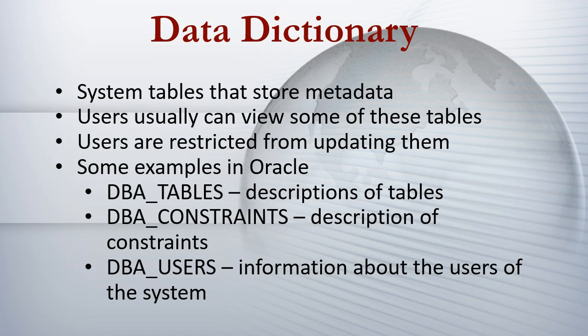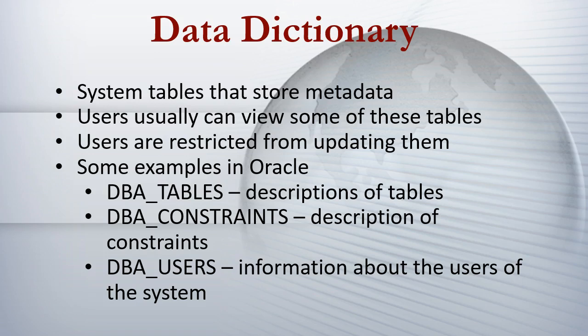And finally, we have a data dictionary. The data dictionary is very, very important to DBAs, and if you start moving in that direction, you'll become very familiar with that data dictionary and some of the tables that are available in it.